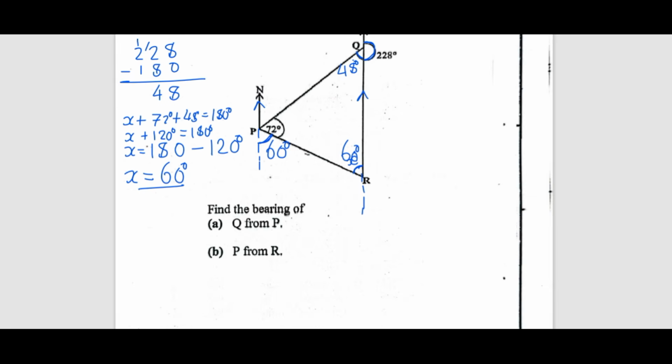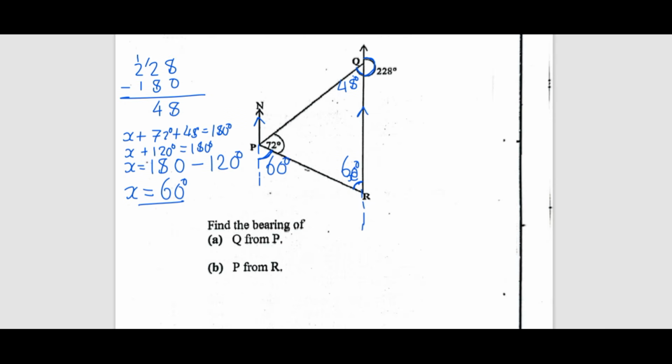Now let's go to the question. Find the bearing of Q from P. So the Q is here, the P. Where the bearing is coming from is always considered to be a straight line. This bearing is coming from P. Point P is here. You need to move from the north of that point where you're coming from, moving in this direction.